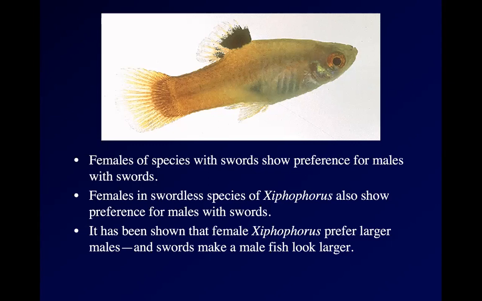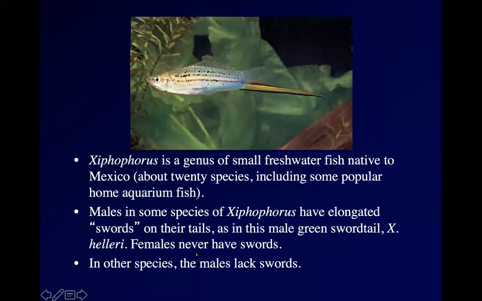So she will go for a male with a sword, not because there's anything great about a sword, but just because a male with a sword has a longer overall length. And that's what she goes for, even if half the length of the body is just some extensions of the tail fin and not more actual fish at all.